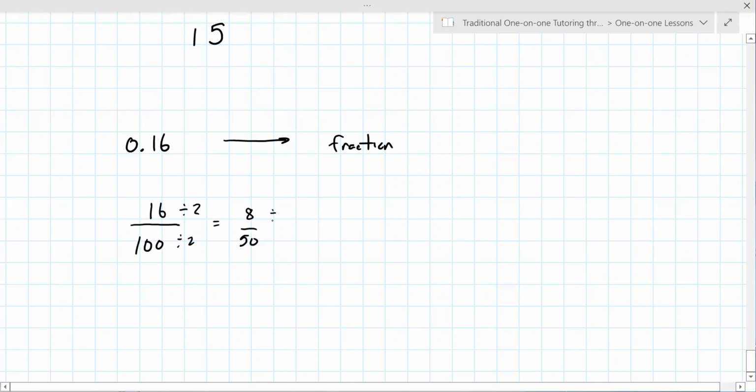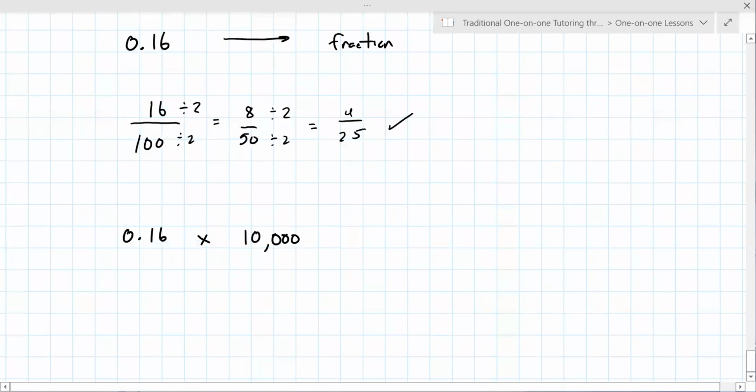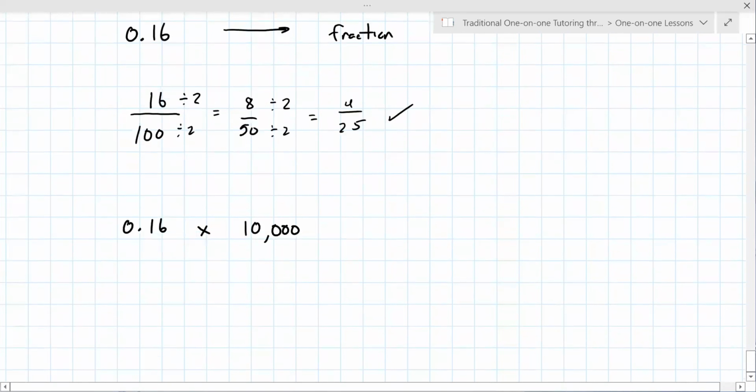And then you try it again. So that's 4 over 25. Very good. And then you can't go further. That's good. Okay. Now what is 0.16 times 10,000? How do you move the decimal when you're multiplying?